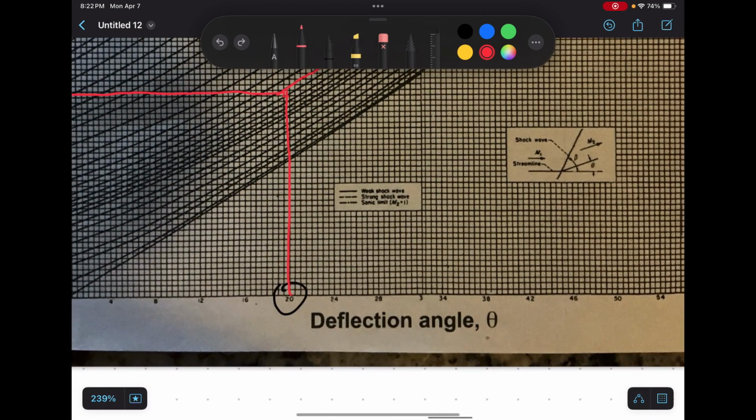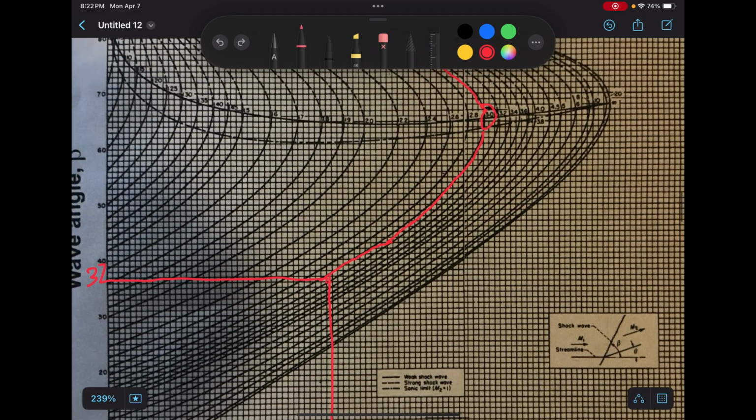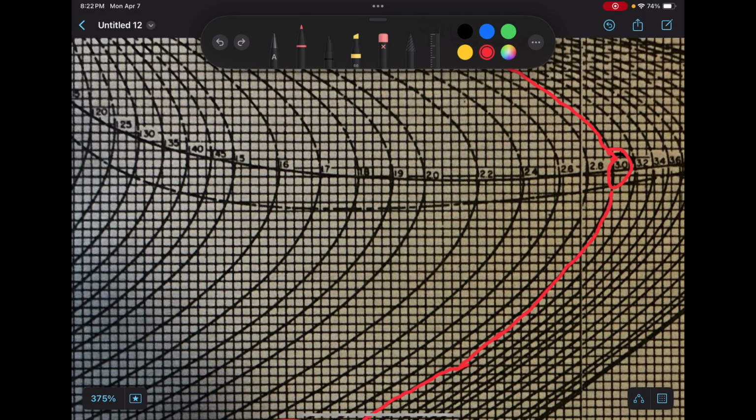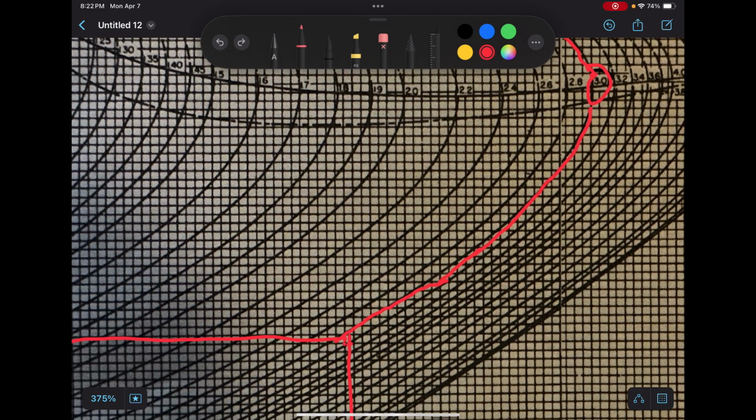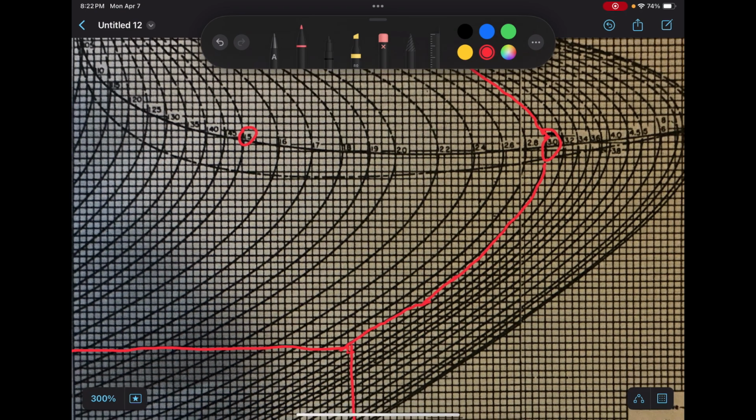All right, let's say we're still at 20 degrees, but now we are at Mach 1.5 because it's a nice number.